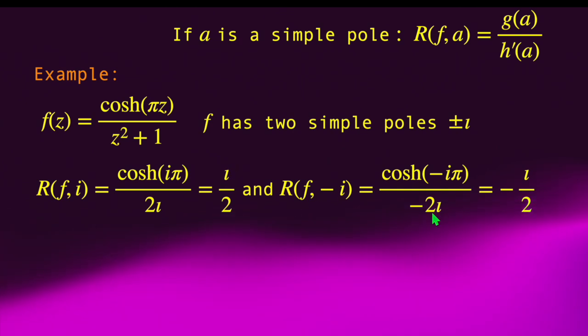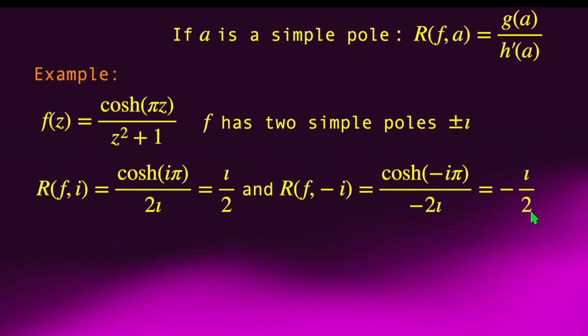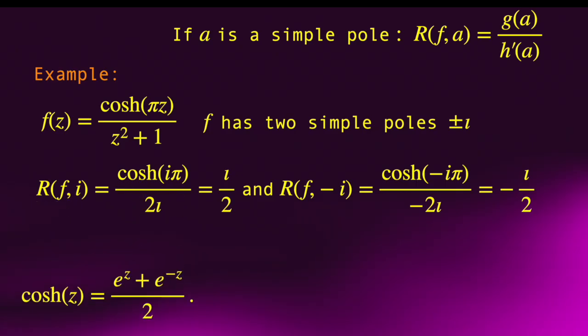And the same thing happens for minus i, and we have the residue easily. Recall that cosine h is given by this formula.